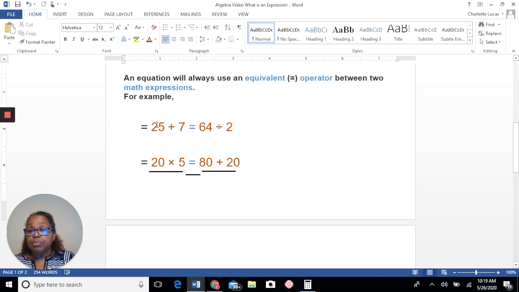That's an expression, but an equation will use two expressions with an equivalent operator between the two. That was very important for us to understand before we got started. The other part about this equivalent operator is that whatever the answer is on this side, it has to be the same as whatever the answer is on that side of the equation. That's what equal means. It means the same.